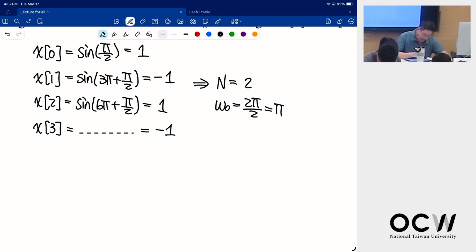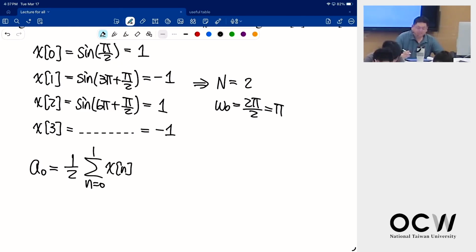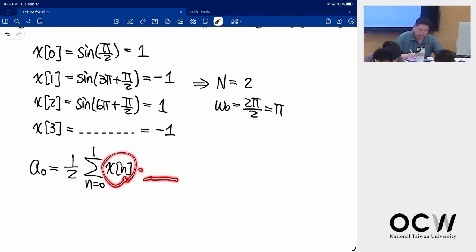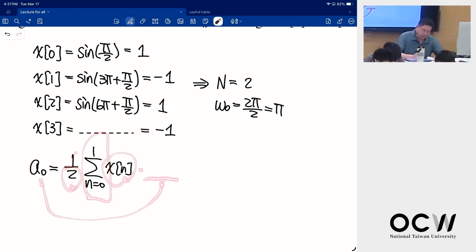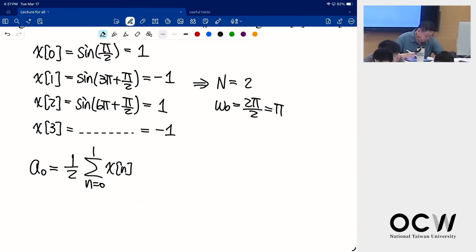And then A naught is 1 over 2, the sum for n from 0 to 1 of x[n]. If we use the formula, we remember that it should be the signal in product with its corresponding basis, and then you do the summation for 1 period and multiply by 1 over your fundamental period. So here it should be e to the minus j 0 pi n.